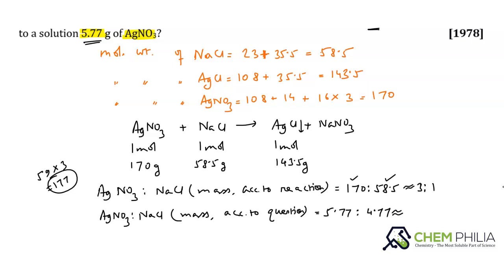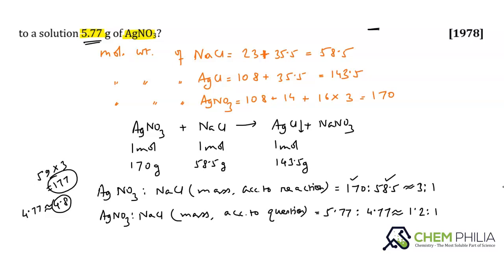So see how to calculate this. 4.77 can be taken as almost 4.8, and 5.77 you can consider to be 5.8, so it's coming out to be almost 1.2 is to 1.